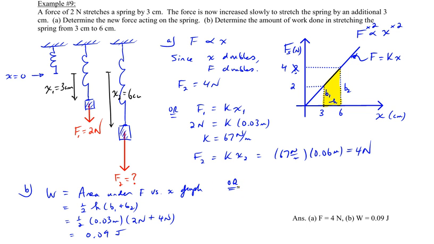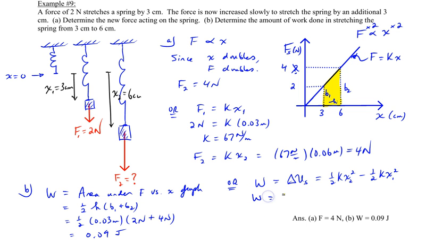Or you could take other approaches. You could find the area of this whole triangle minus the area of that triangle. Essentially, what you're doing is the work done equals the change in spring potential energy. So that would be 1/2 k x final squared, which is x sub 2 squared, minus 1/2 k x initial squared, which is x sub 1.